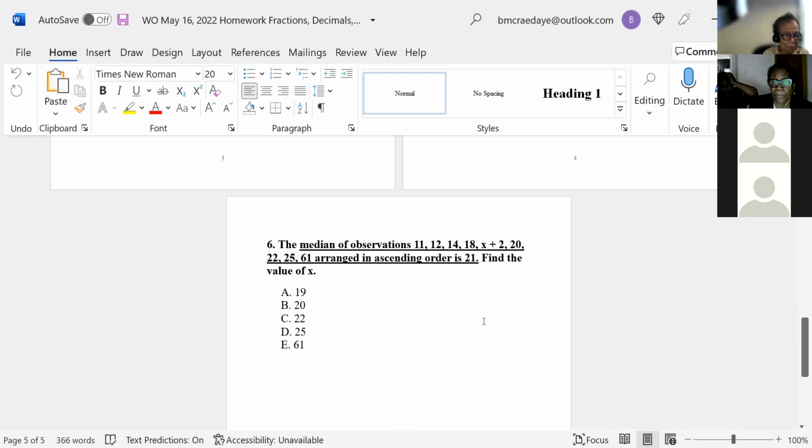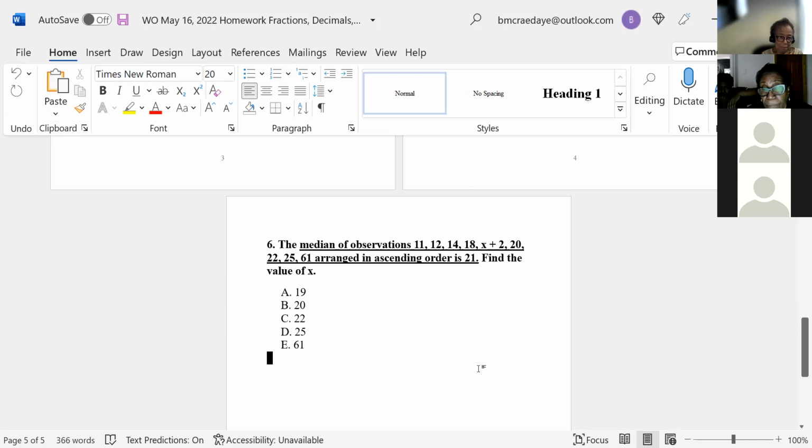Now, the median, that's the one sitting here in the middle, right? You have 4 and 4, 8. So in the middle you have x plus 2, a number divided by 2 to give you 21.